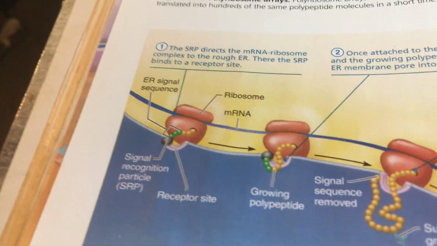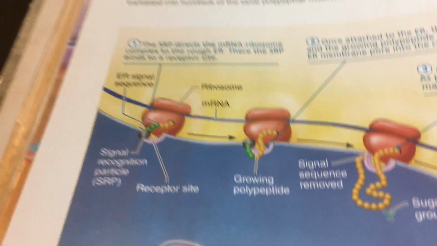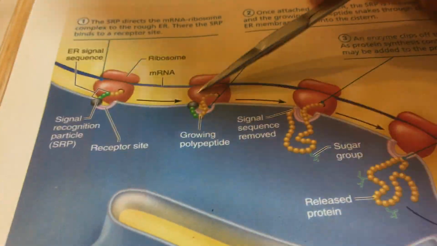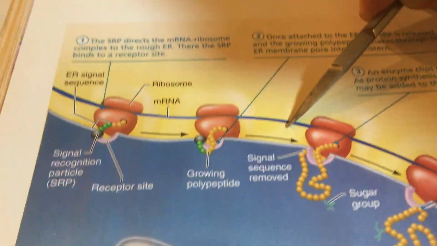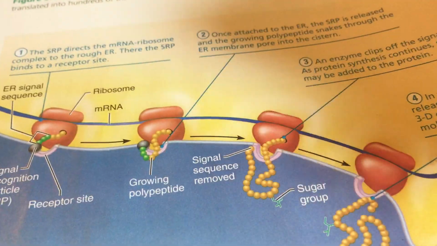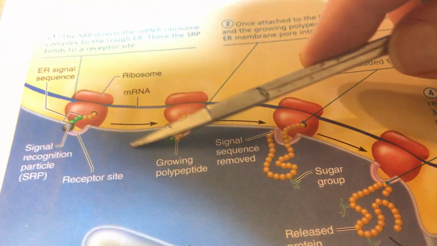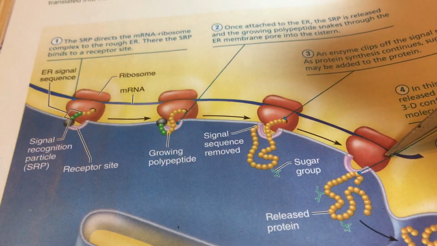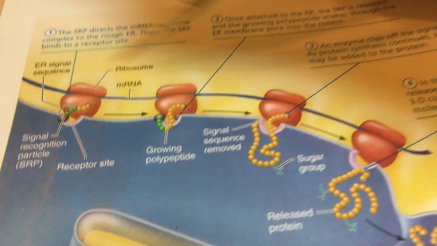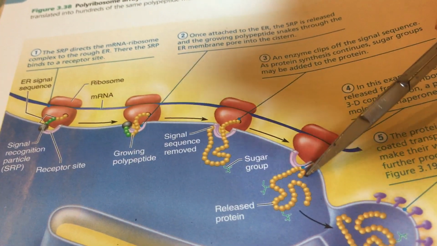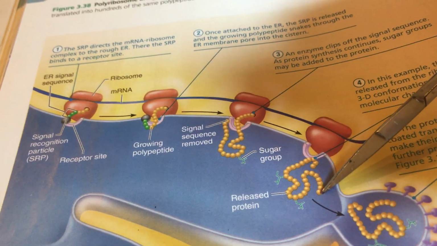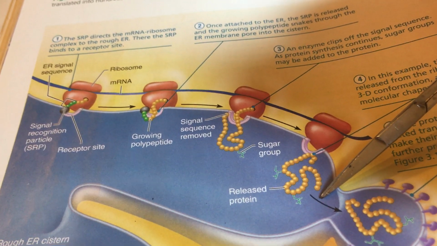Here we have sequences that are being made. Here is a single messenger RNA, and it's actually being drawn through several different ribosomes, and this one has seen most of the message. I guess it's going this way, and as a result of that, its amino acid sequence is longer.